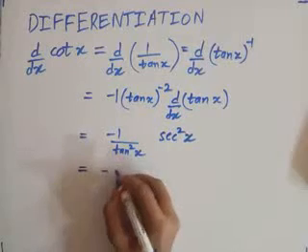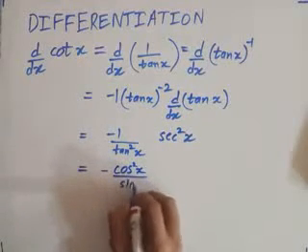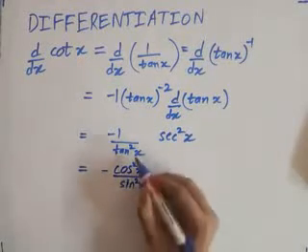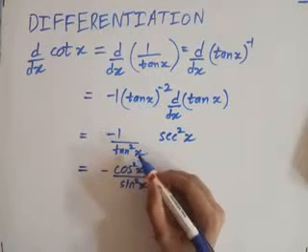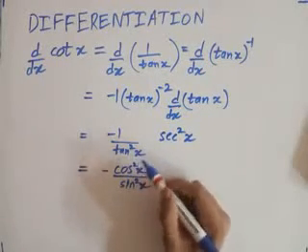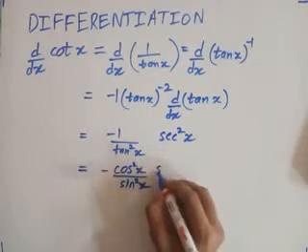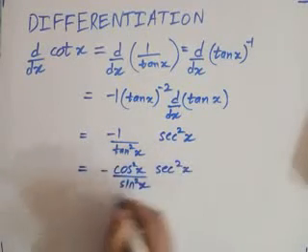This I can rewrite as cos square x upon sine square x. So because tan of x is sine x upon cos x, 1 upon tan square x is cos square x upon sine square x, multiplied by sec square x.